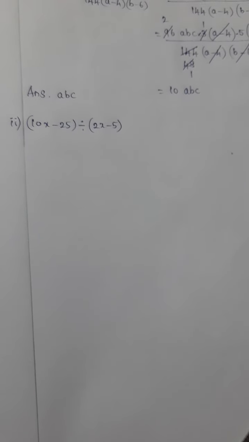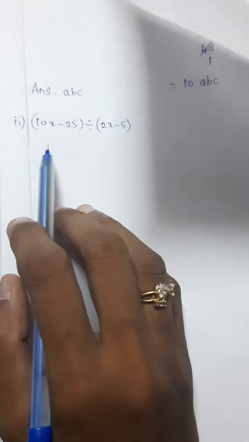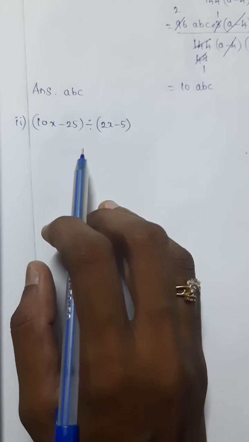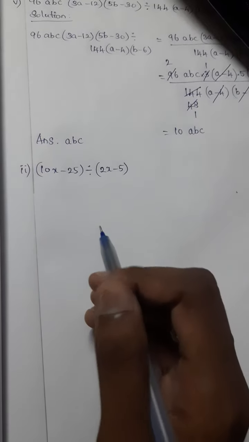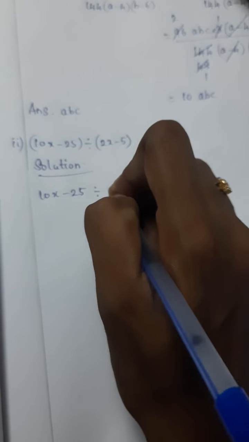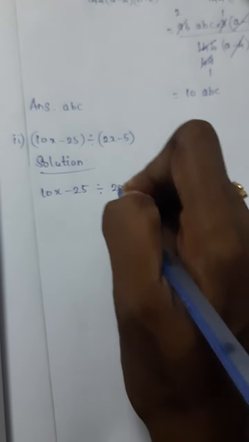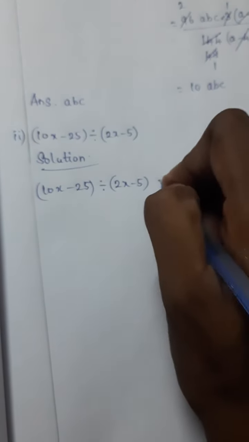Similarly, the second subdivision, it is 10x minus 25 divided by 2x minus 5. Write the solution. 10x minus 25 divided by 2x minus 5.